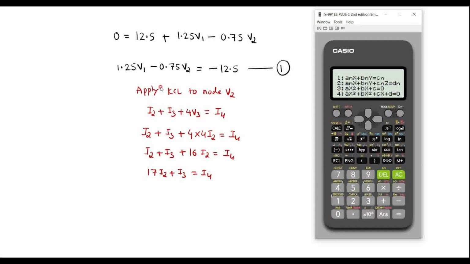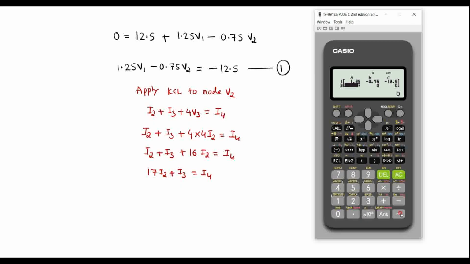Here we have only two unknowns, choose the first option. Feed the coefficient of V1, that is 1.25, then press equal, then the coefficient of V2, that is minus 0.75, equal to, then the C value is minus 12.5.